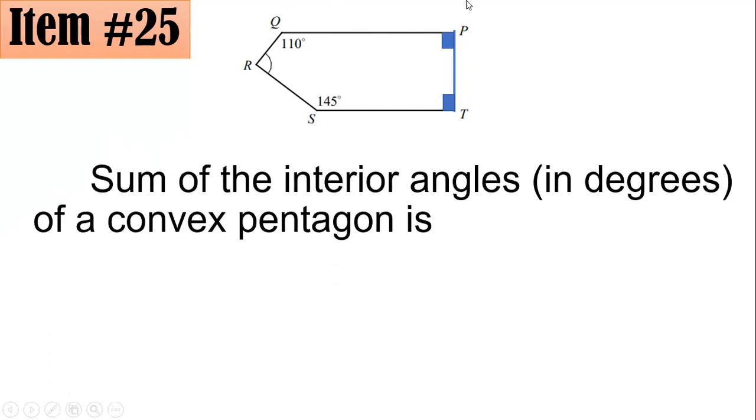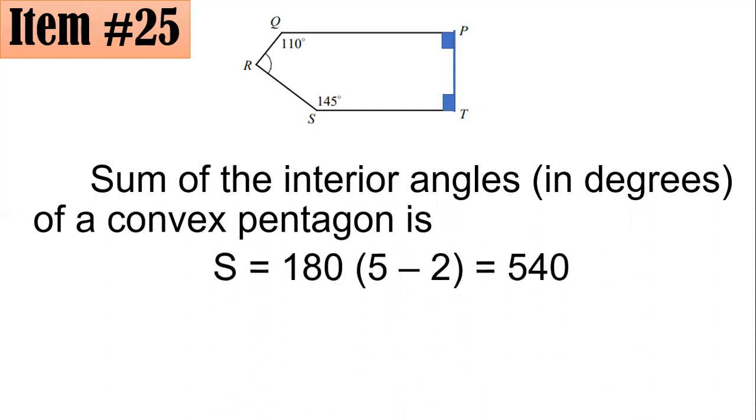Remember that the sum of the interior angles in degrees of a convex pentagon, either regular or irregular, I hope you still remember the formula, is 180 times n minus 2. So in this case, S equals 180 times the number of sides, which is 5 minus 2, which is 540 degrees in all. So if I add all of these interior angles here, I'm sure it's 540 degrees.